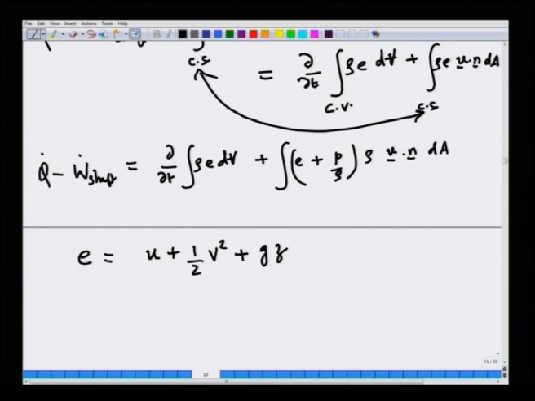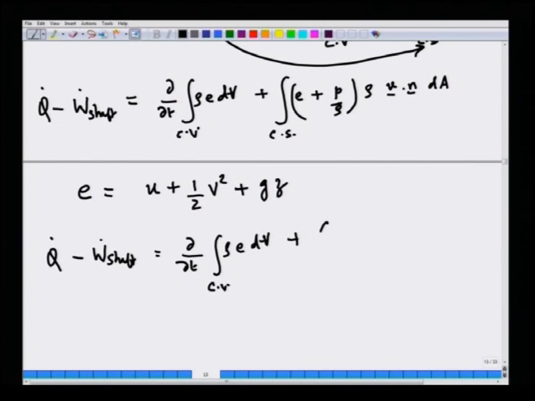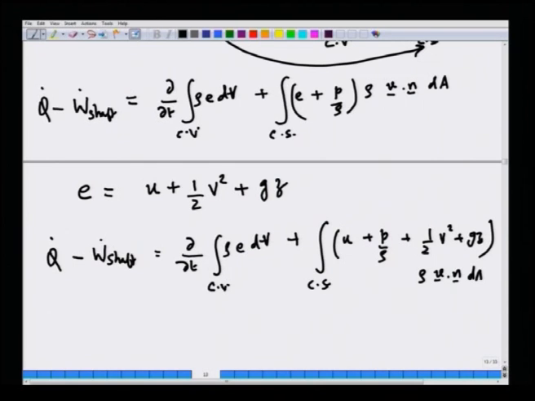So, we further write this in the following manner: Q dot minus W dot shaft is d dt integral over Cv of rho e dV plus integral over Cs of U plus P by rho plus half V squared plus gz, times rho V dot n dA.